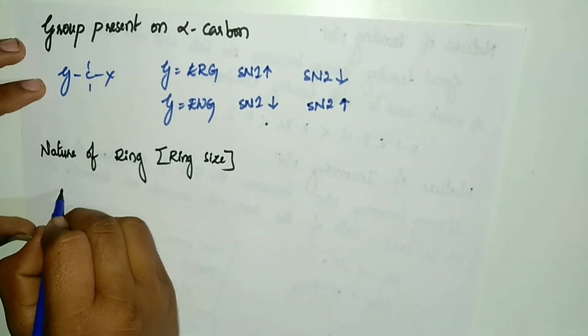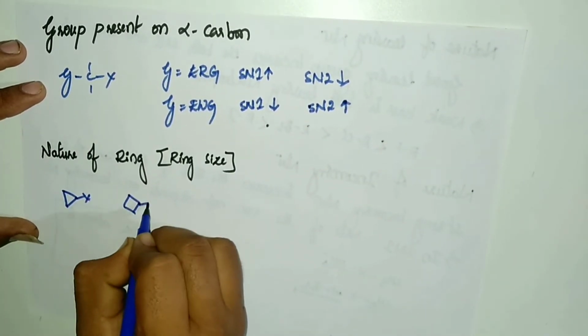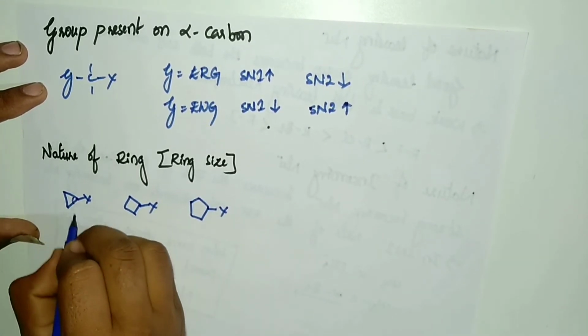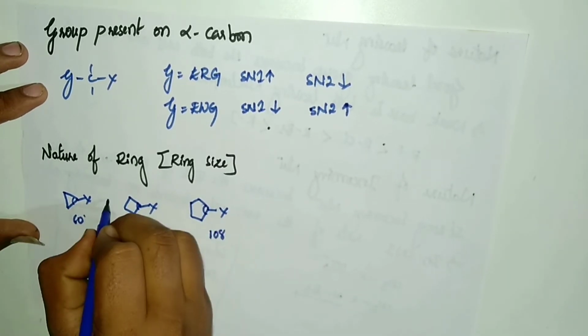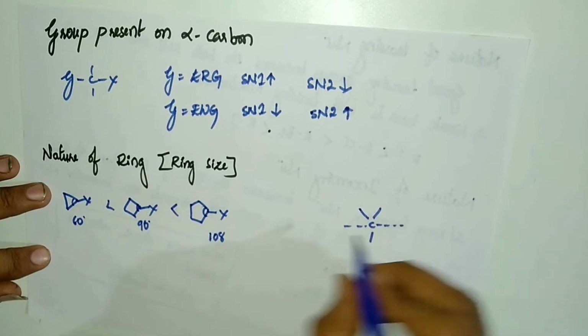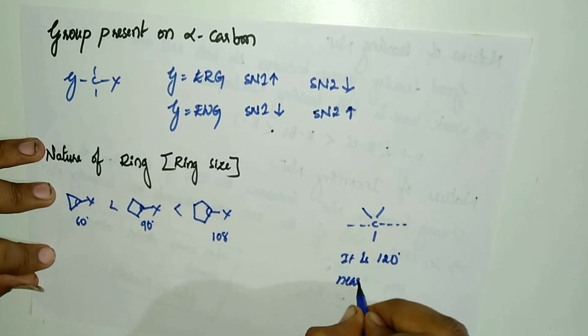Next, the nature of ring size. Here we are taking three examples: cyclopropane, cyclobutane, cyclopentane. Here I am taking the intermediate state, that is the transition state. It is 120 degrees.